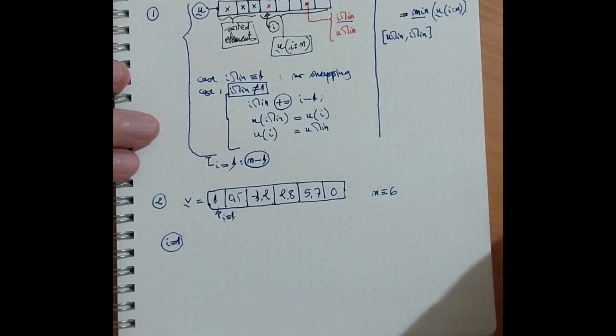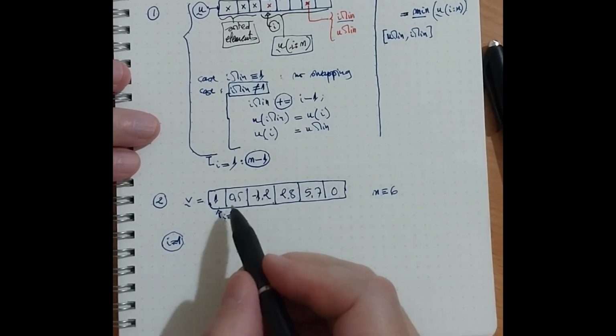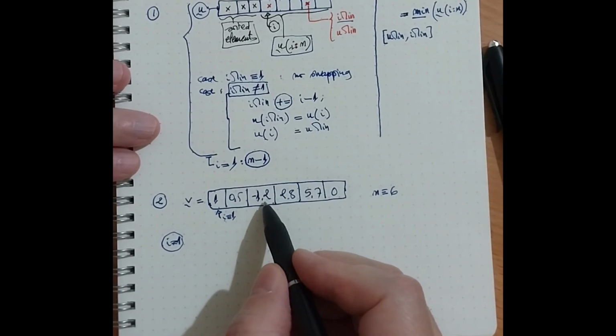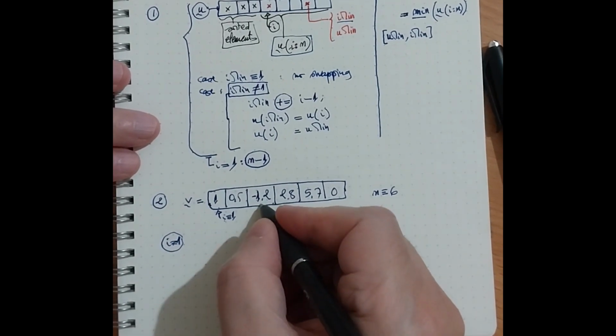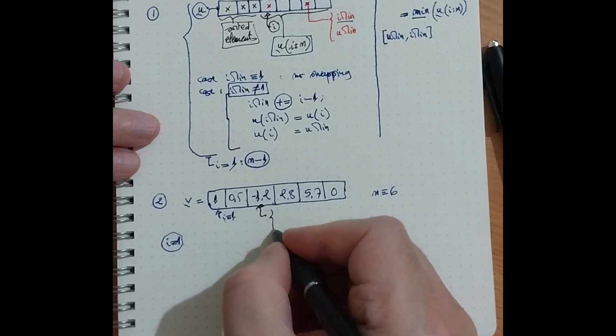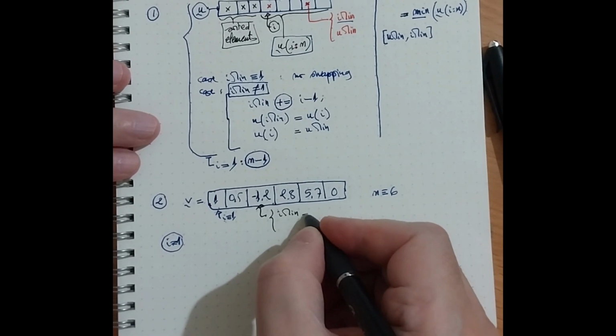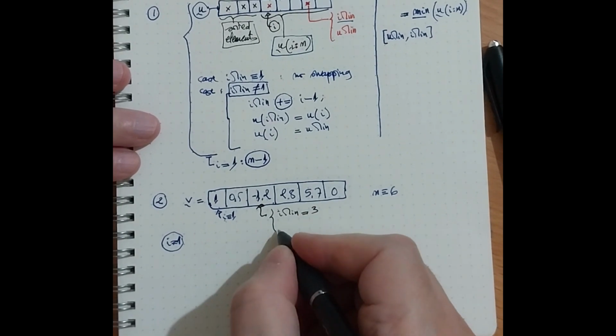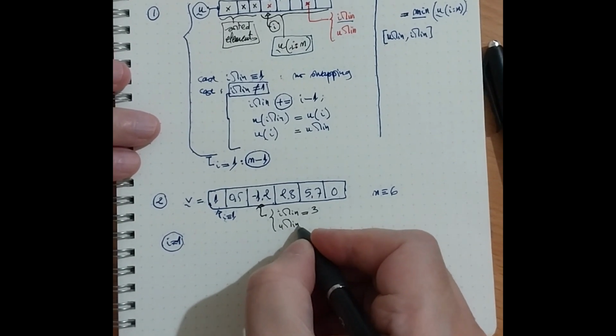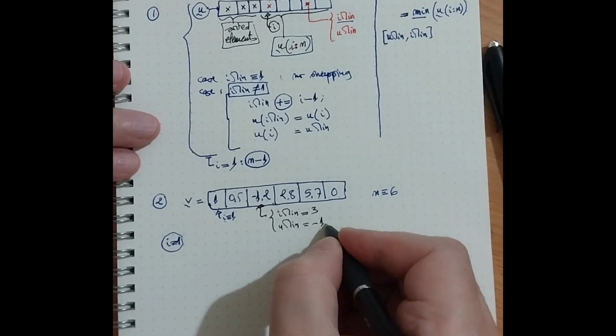Which one is the minimum? Negative. It's minus 1.2. So we have here I min equal 3 and U min equal the value minus 1.2.